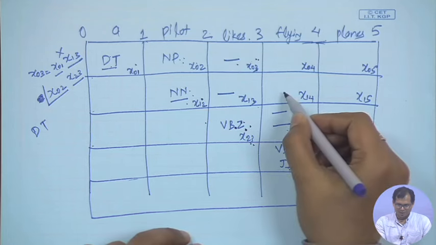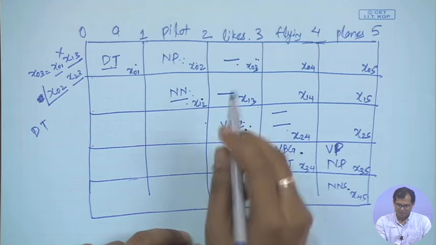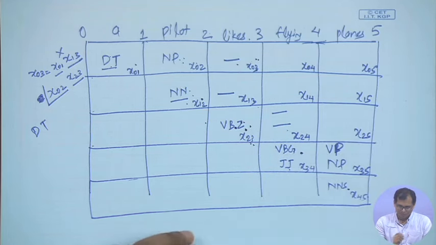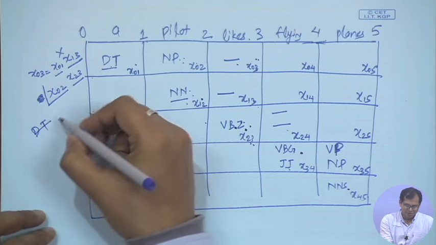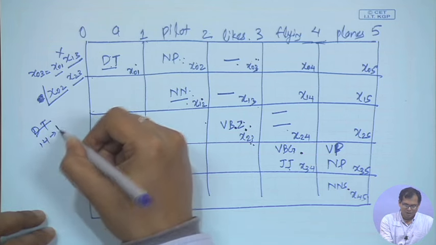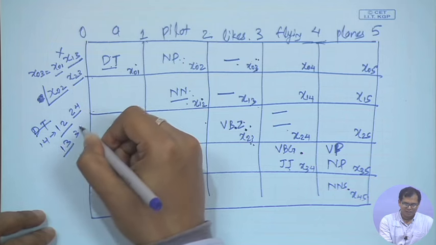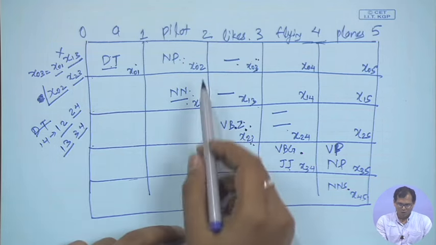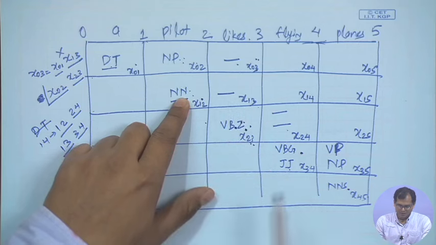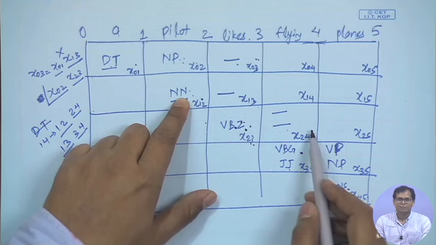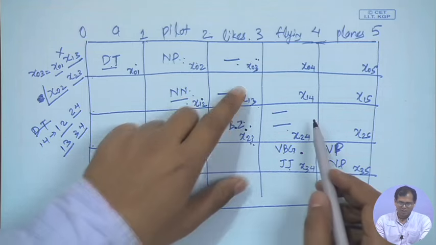Now "pilot likes flying", 1 to 4. So again 1 to 4 will be 1 2 2 4 or 1 3 3 4. So 1 2 2 4, 1 2 is NN, 2 4 is null. So this part is null. 1 3 3 4, 1 3 is null.